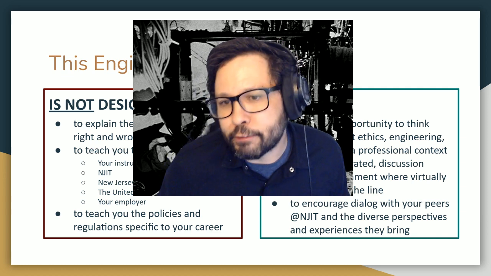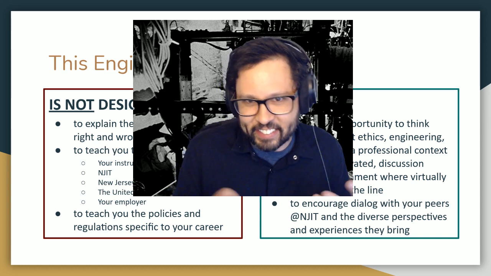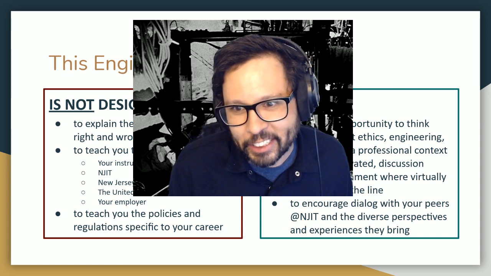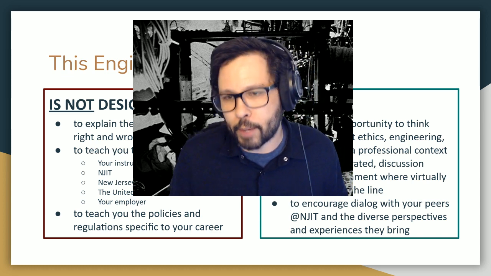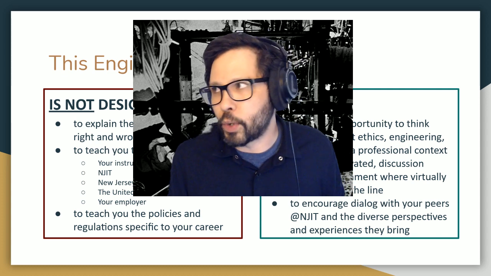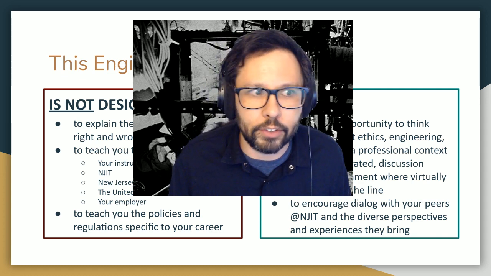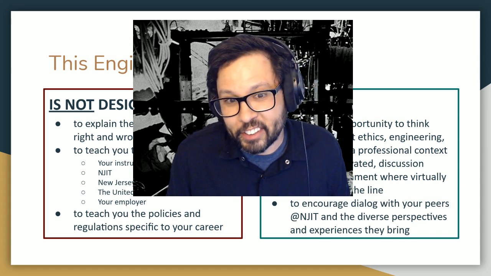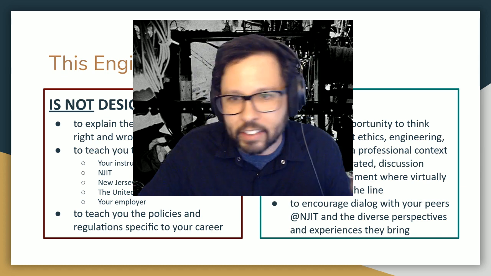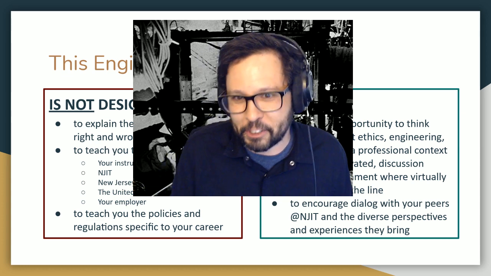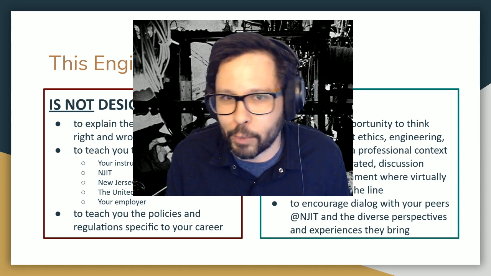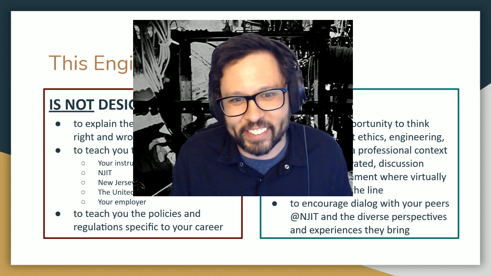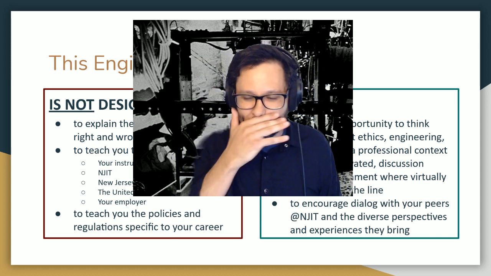But for the next 15 weeks, NJIT has set aside this time in your schedule to do just that. This is your primary task, to sit around with your colleagues, with other students in your cohort, and talk about your values, talk about your commitments, talk about the lines that you refuse to cross, for instance. Maybe you haven't thought about which lines you refuse to cross, and this is your chance to do it.